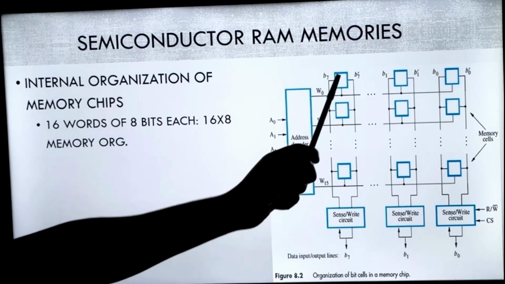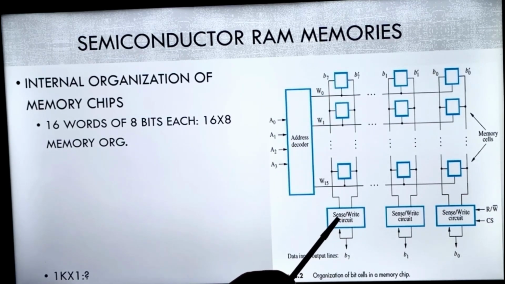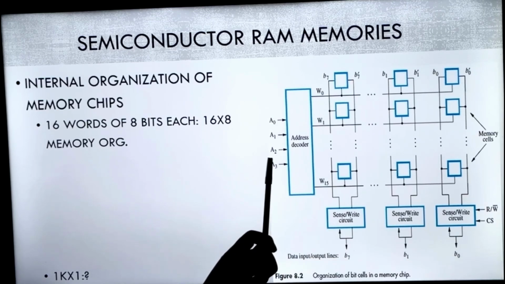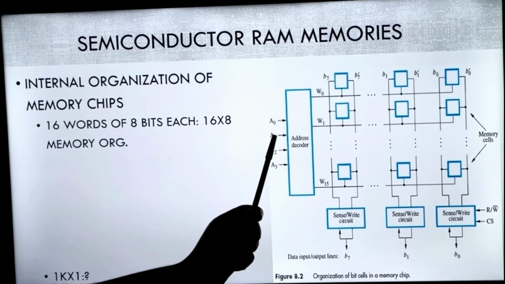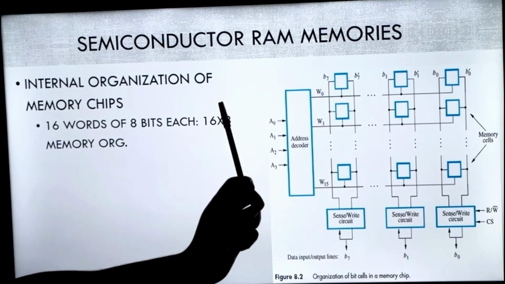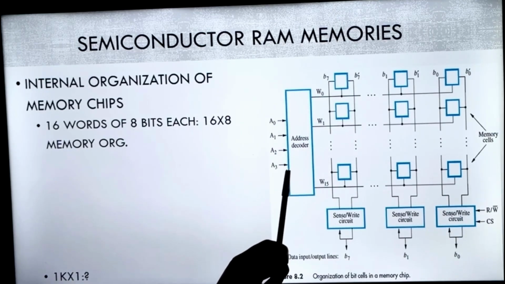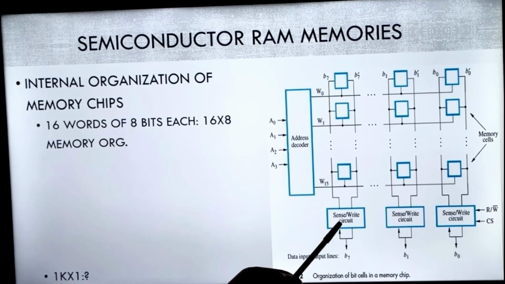So 4 plus 8 plus 2. This 2 is common for any arrangement. Fine. Only changes will be in the number of input lines to the decoder and the number of bits in the word. It will be mentioned in the question. Other than that, the chip select lines equal to 2 is fixed.